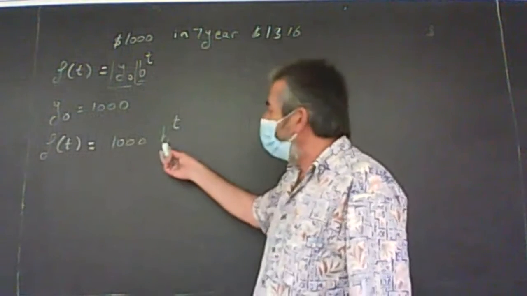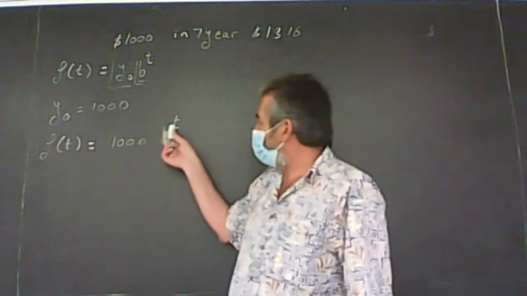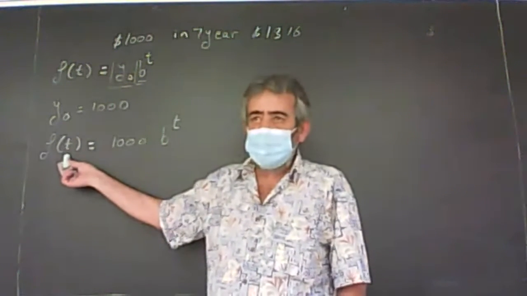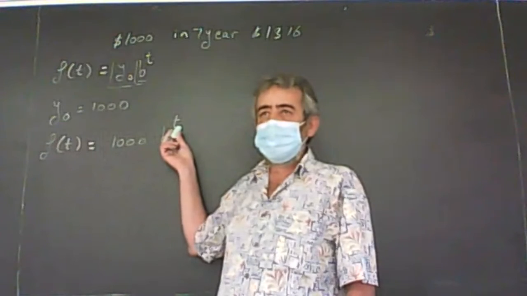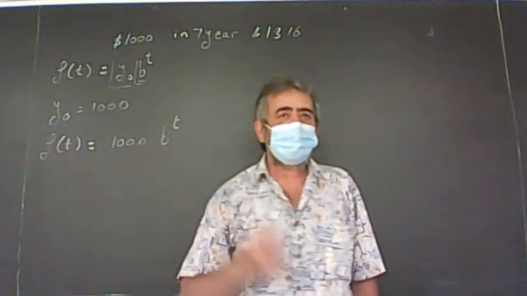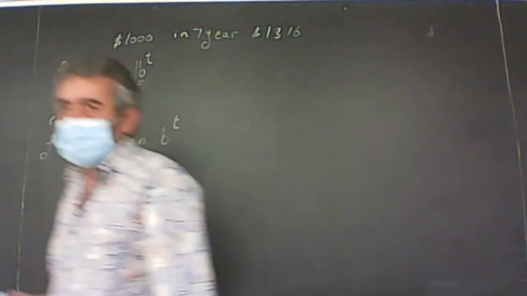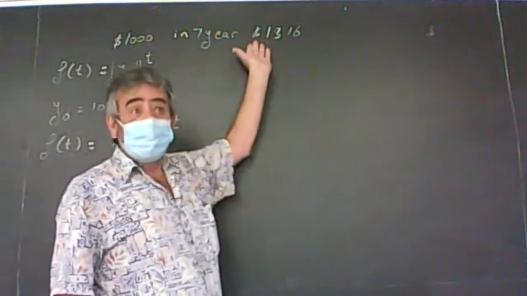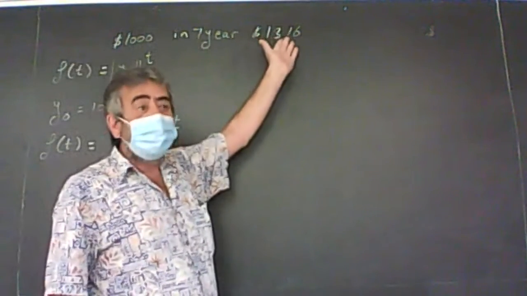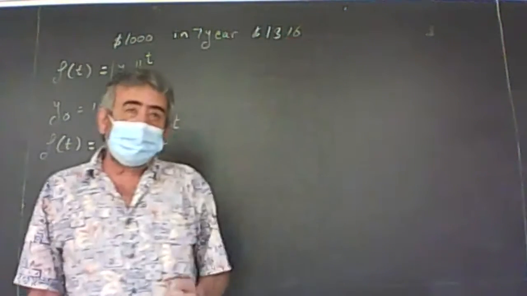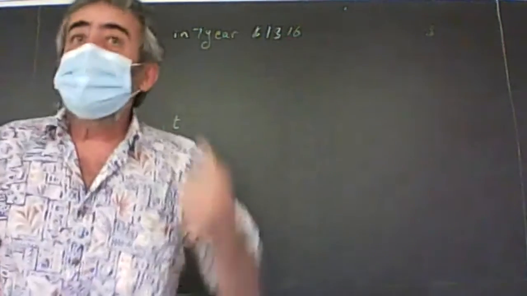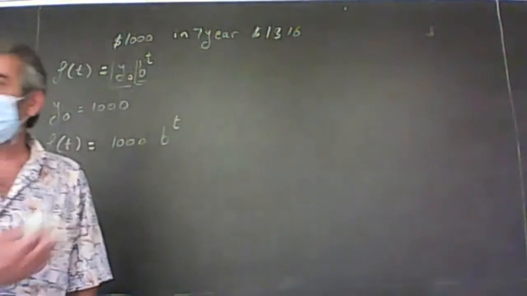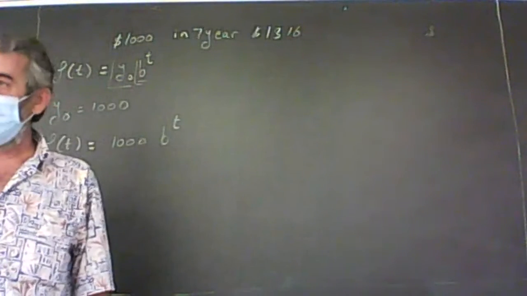In order to figure out what b is, I need to know the amount of money I had at some time t. Do I have that? We do. We know we had $1,316 at t equals 7. Clear? So all I have to do is substitute those numbers and solve the equation.